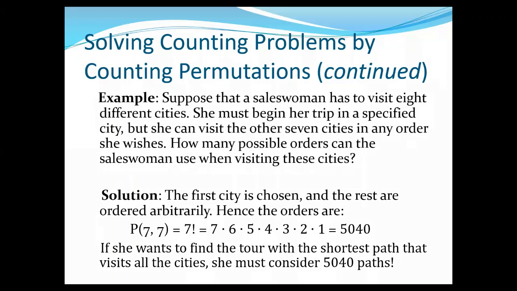Again, we didn't use 8 because one city is constant. So we only have 7 cities that we need to organize in traversing between these cities. So we have 5,040 paths that we could consider.